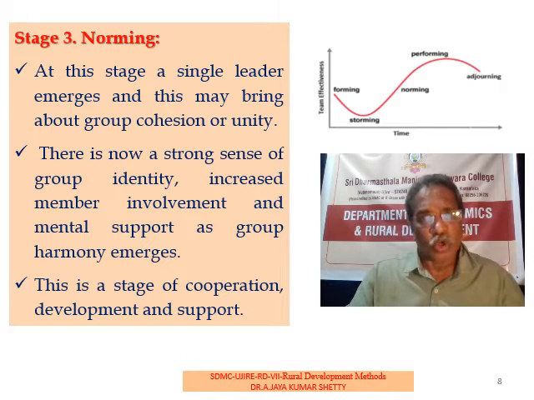Once the group receives the clarity that it so desperately needs, it can move on to the third stage of group development, known as the norming stage. In the norming stage, the group becomes a cohesive unit. Morale will be very high among the group members.